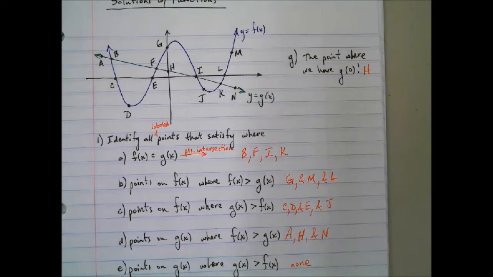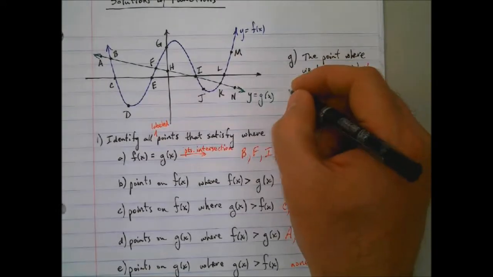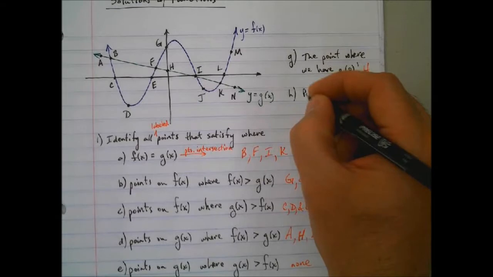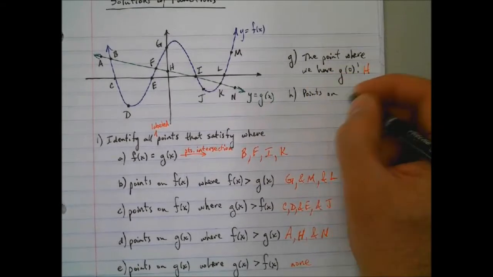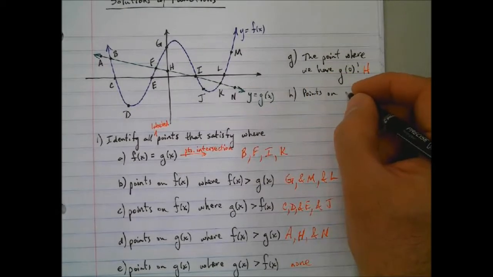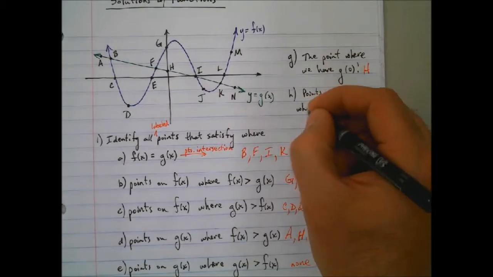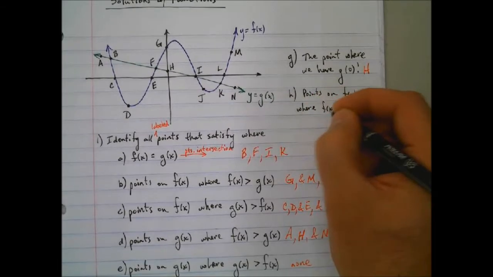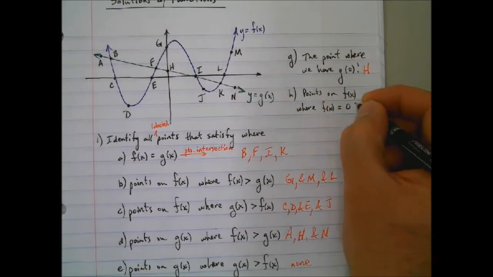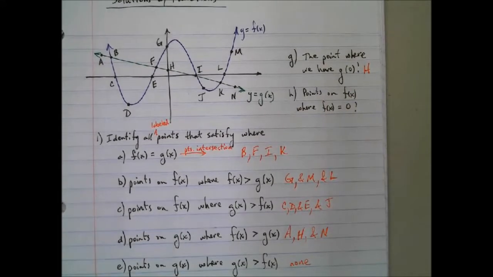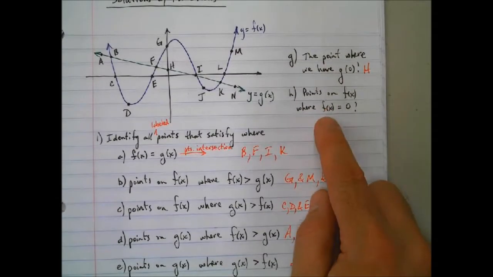We can also do things like points on f of x where f of x equals 0. Okay, we're not doing f of 0, I'm doing f of x equals 0.